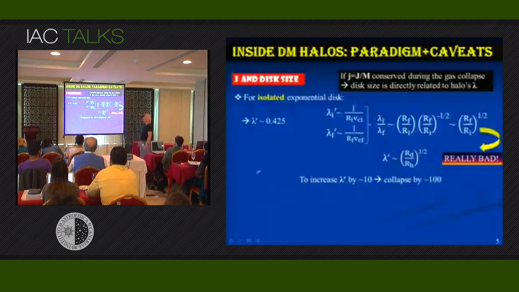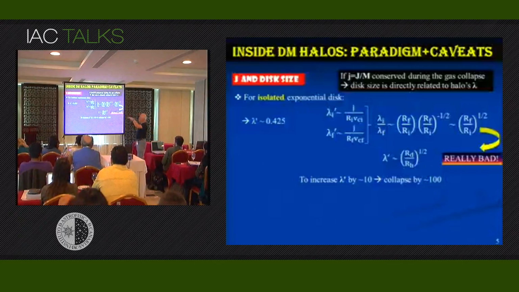The analytical examples are usually indispensable. If you take an isolated uniform sphere of gas rotating, and if it is collapsing to a disk, and if we somehow get an exponential disk, then without dark matter, the spin of this disk will be about 0.425. That's possible to calculate simply analytically.